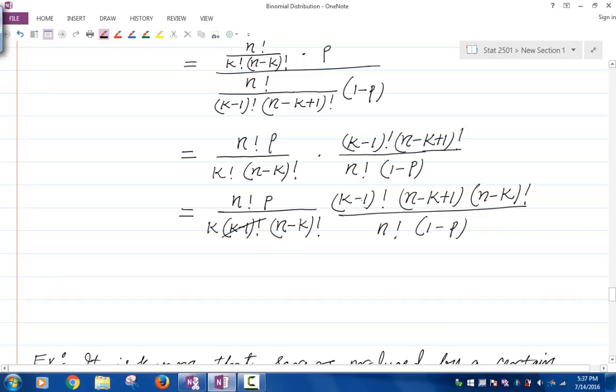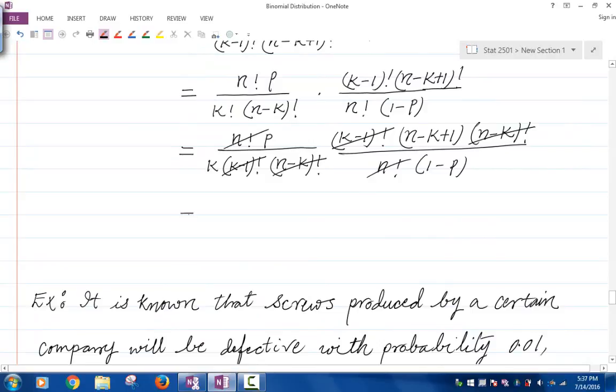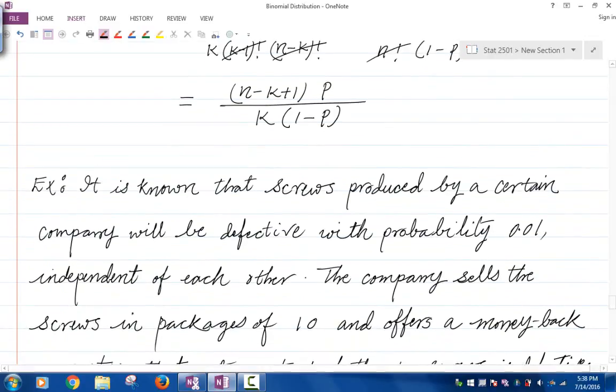Now finally let's cancel out what we can, and so finally what I'm getting is n minus k plus 1 times p over k times 1 minus p.